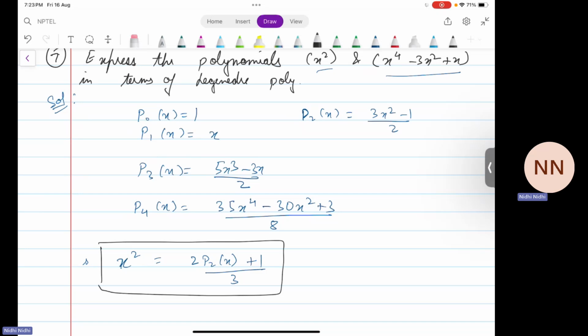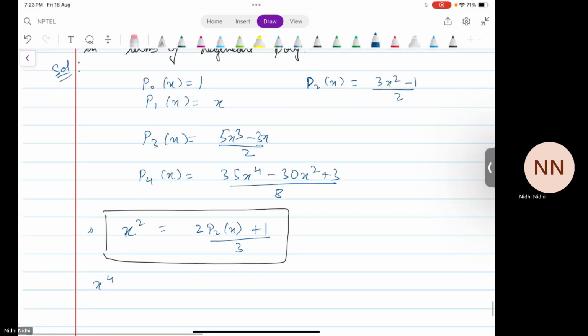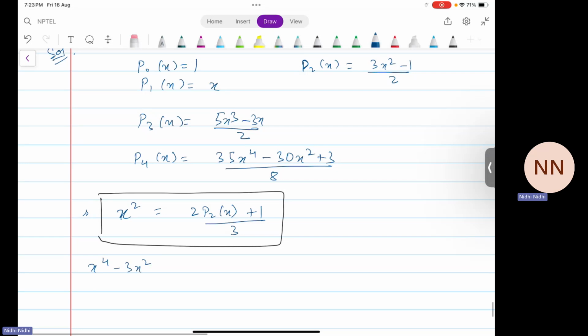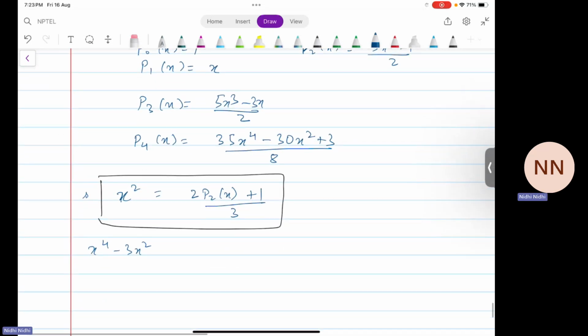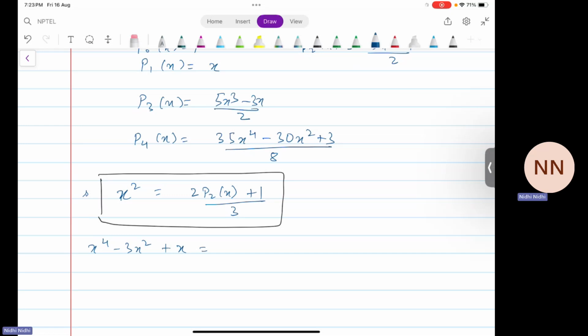Now next polynomial is x power 4 minus 3x square plus x. Now see, x power 4 is given in P4. So we'll just take 8 times P4 will give us something of the type 35x power 4 minus 30x square plus 3. Now we want to eliminate this minus 30x square plus 3.